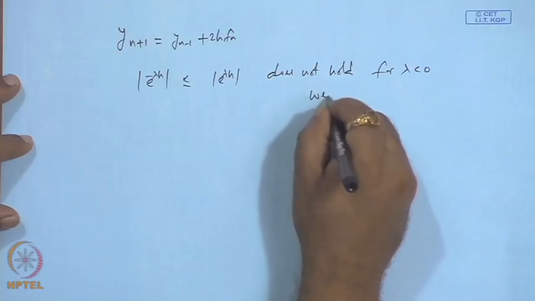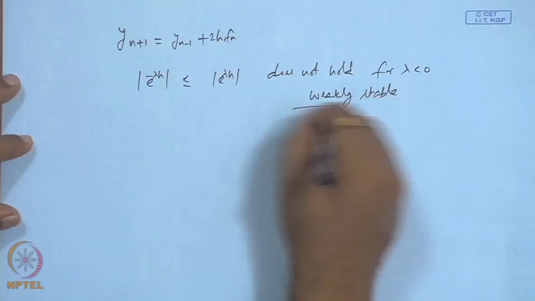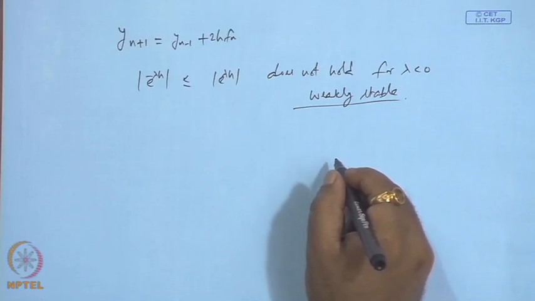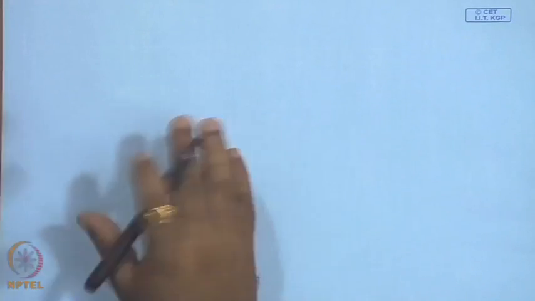So, hence this method is weakly stable, okay. So, that is how we can categorize the relative stability and weak stability, okay.